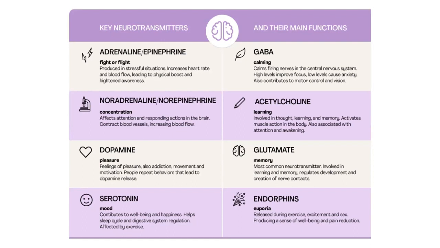So this is very common that adrenaline or epinephrine is known as fight or flight, and it is produced in stressful situations, and it affects the body by increasing heart rate and blood flow and heightening awareness, all these things.